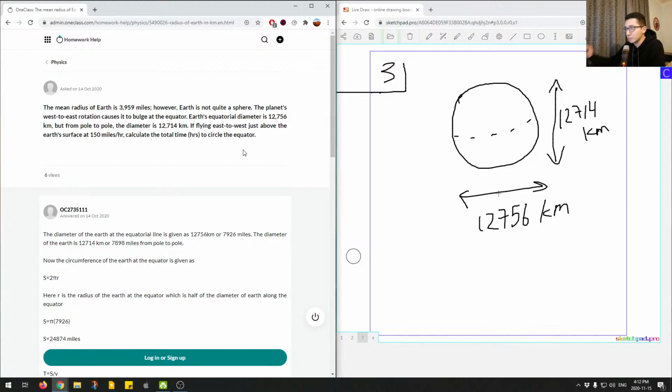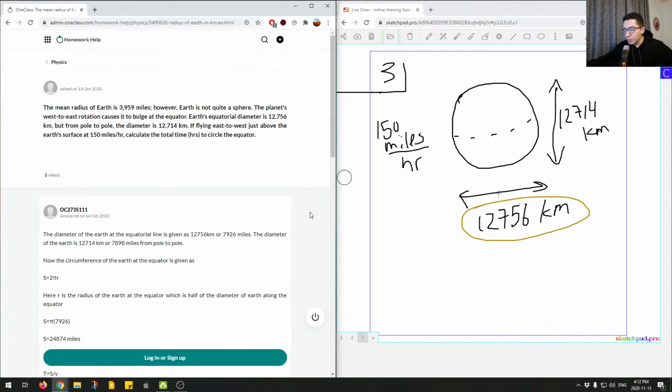Okay. So really they want us to focus on west to east, east to west. So they want us to focus on this number over here. I'll highlight that number so we remember to use that. And they also give us 150 miles per hour as speed, so I'll write that down to the side. 150 miles per hour.